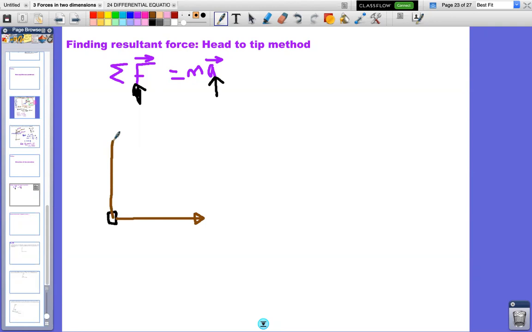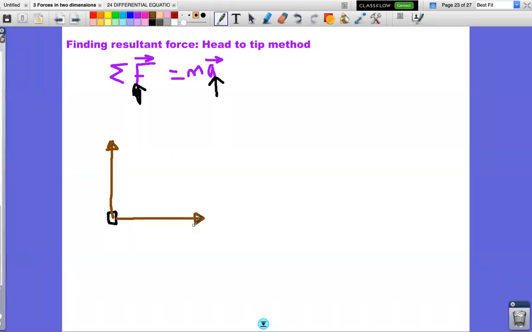You have another force this way, vertically and horizontally. Let's say this force horizontally is the force P, and this is the force Q. So we want to find the resultant force F. What is F?